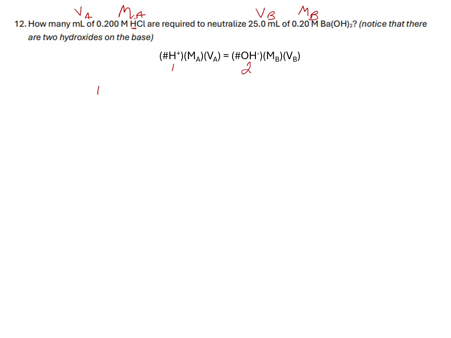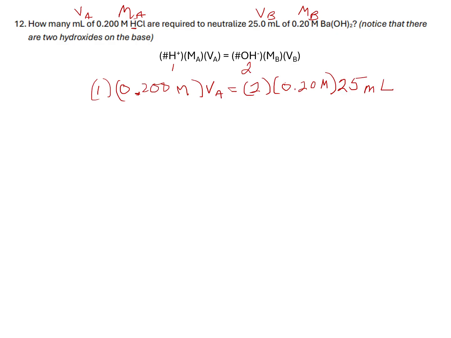So it ends up being 1 times 0.2 molar times the volume of the acid is equal to 2 times the molarity of the base, which is also 0.2, times the volume of the base, which is 25 milliliters.